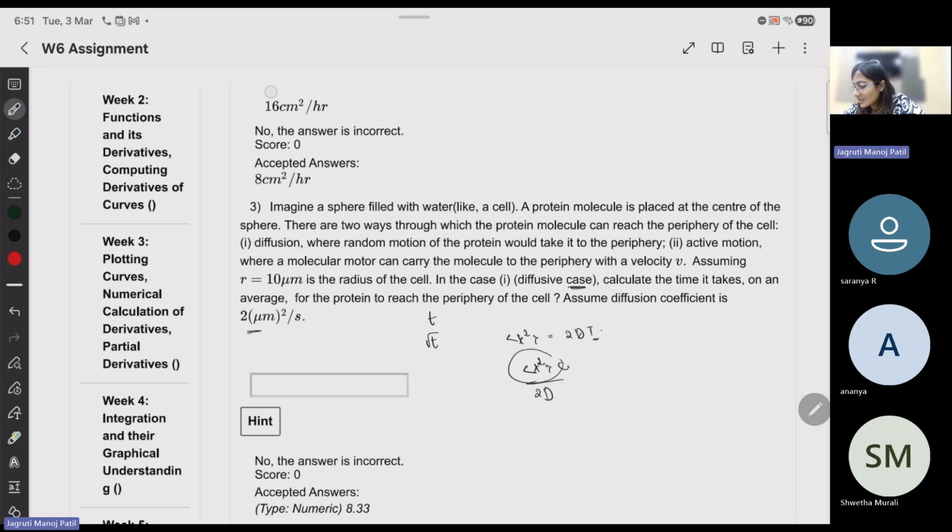The diffusion coefficient, will it be just 25 then?